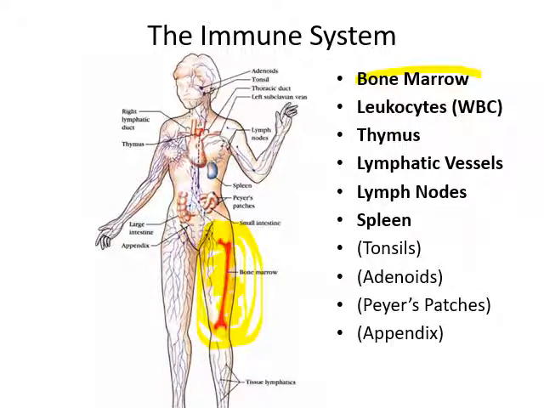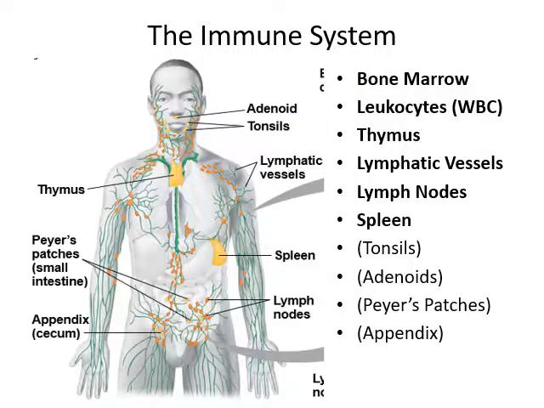Okay, so this figure is a little bit wrong. This figure is better because it doesn't show you that, but this figure does show you the location of the thymus, the location of the spleen, and the adenoids, which are in your nose, part of the immune system that's associated with your nose. It shows your tonsils, which are actually part of the immune system.